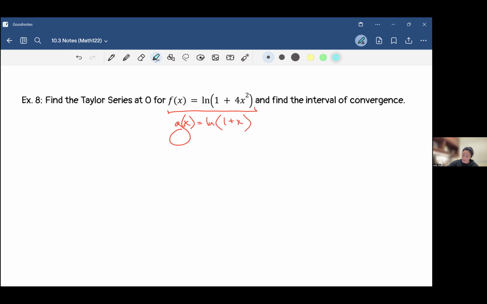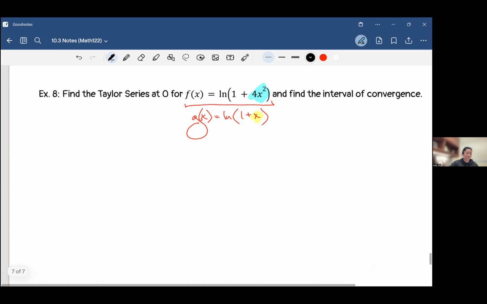If I let x be 4x squared, it's essentially the same thing. So that seems like a nice substitution to make. Okay, so what is my Taylor series for natural log of 1 plus x?